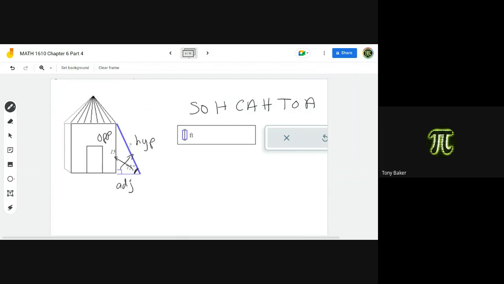How do you know where you're standing? They'll either tell you or where the angle is. So in this case, they gave you the 75 degrees in that little arc. And that's where we're standing. Sometimes they'll tell you you're looking for sine of A or sine of B or whatever it is, you're going to be standing at that letter.